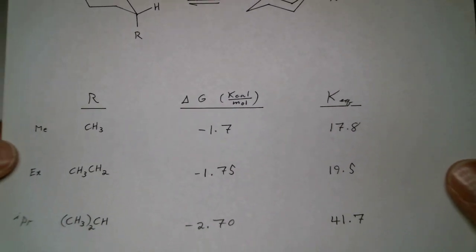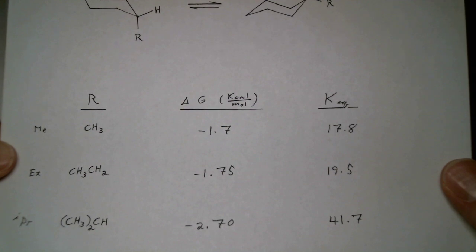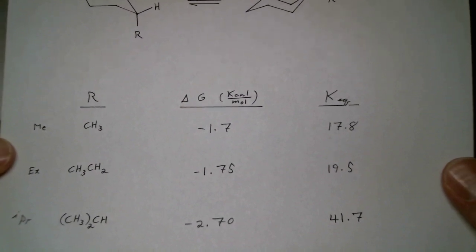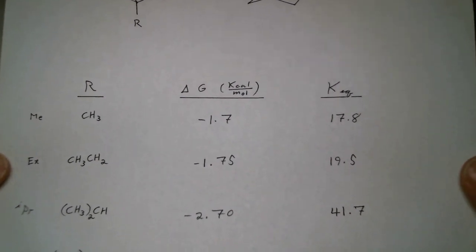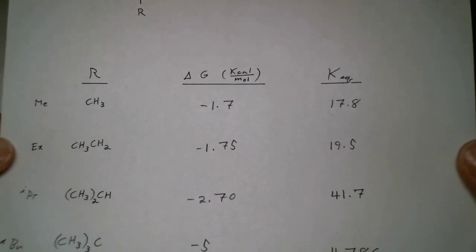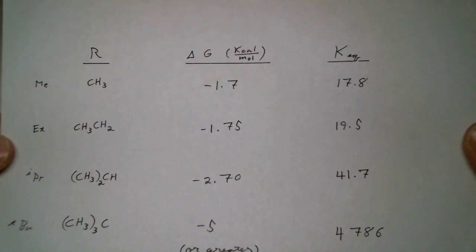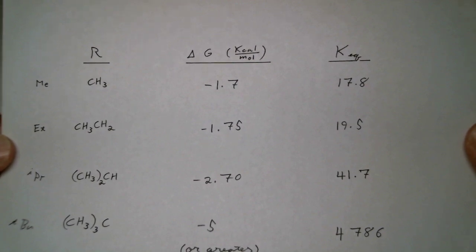For the R group of ethyl, it's not too much different at negative 1.75. Changing one of those hydrogens on that methyl group to another methyl group doesn't severely increase the spontaneity of that conversion. However, if you're isopropyl, now you go from negative 1.7 to negative 2.70. So something happened.